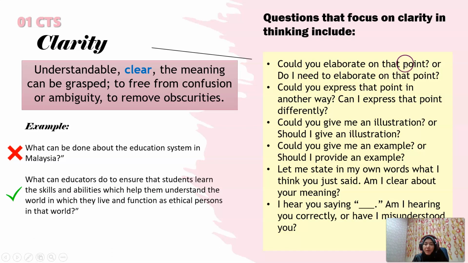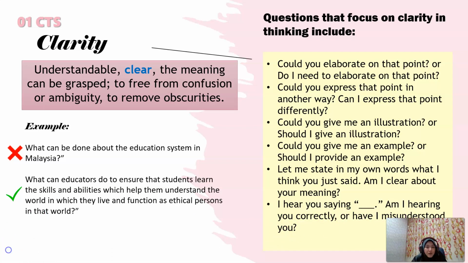Could you elaborate on that point, or do I need to elaborate on that point? Could you express that point in another way? Could you give me an illustration? Could you give me an example? Let me state in my own words what I think you should state. I hear you saying this, am I hearing you correctly or have I misunderstood you?